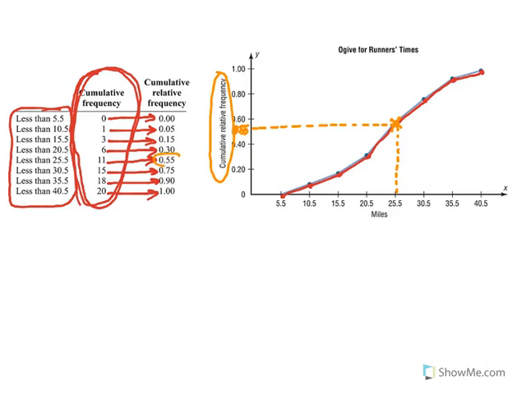I know this from here. So for less than 25.5, I have 0.55. So when I chose this 25.5, I knew that when I go up, I will get to 0.55.